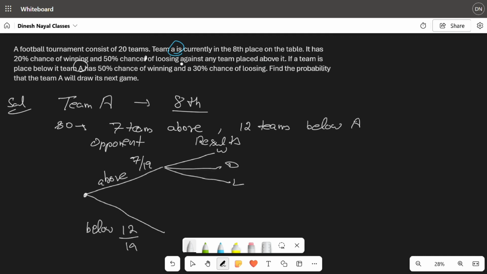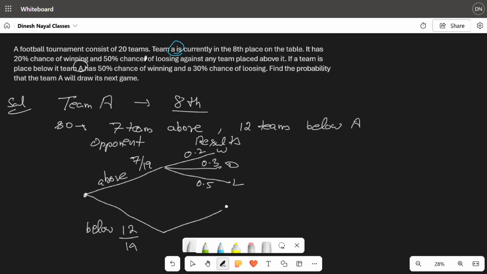It has a 20% chance of winning and 50% chance of losing against any team placed above it. So the 20% chance of winning will be 0.2. Of losing they have given 0.5. So what will be the chance of drawing, meaning the match will be a draw? This is 0.7, so this will be 0.3.